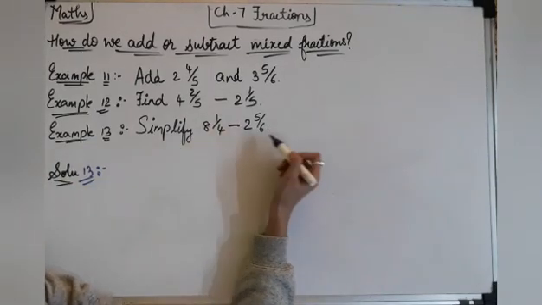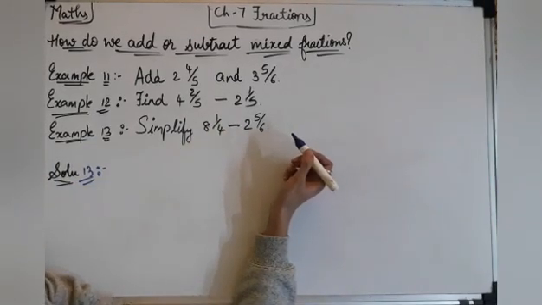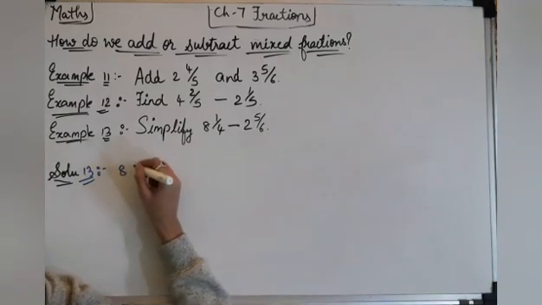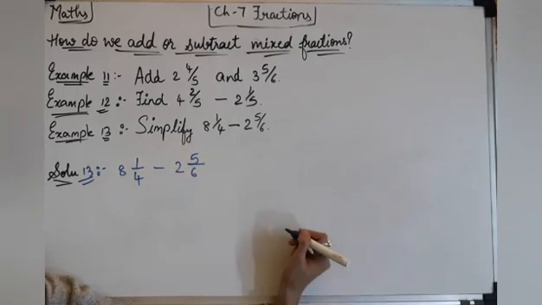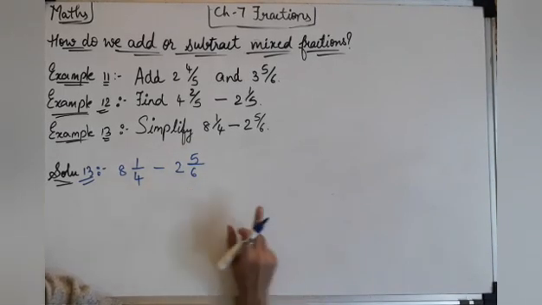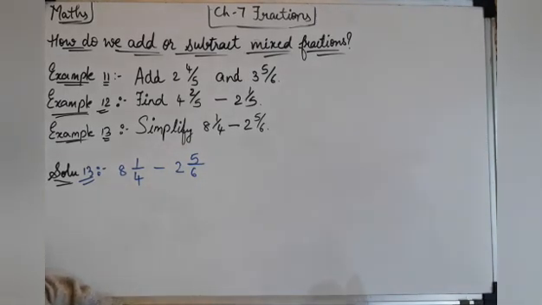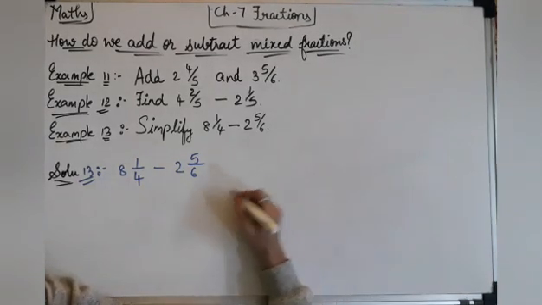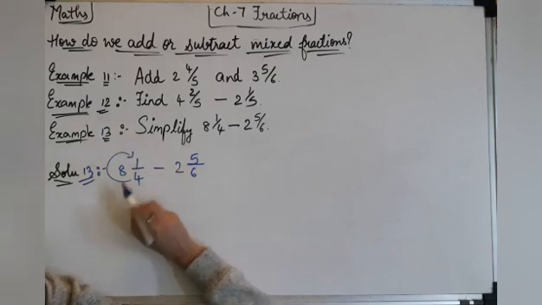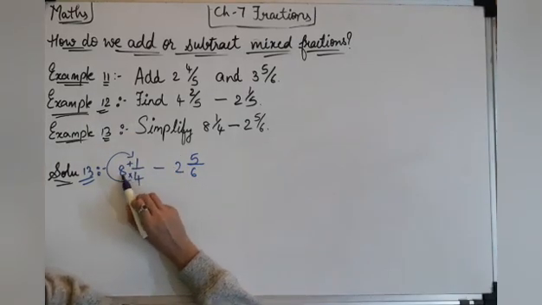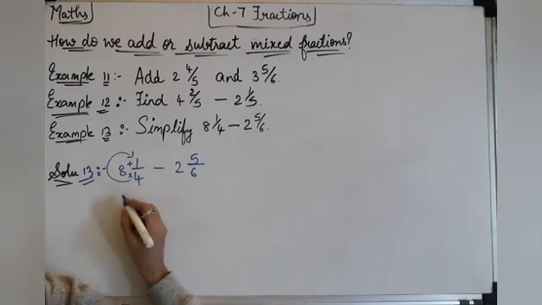Simplify 8 integer 1 upon 4 minus 2 integer 5 upon 6. It is in the mixed fraction. First step was what? We have to convert into the improper fraction. For doing that, we will use that arrow. Here multiplication, here addition. 4 8s are 32, 32 plus 1, 33.